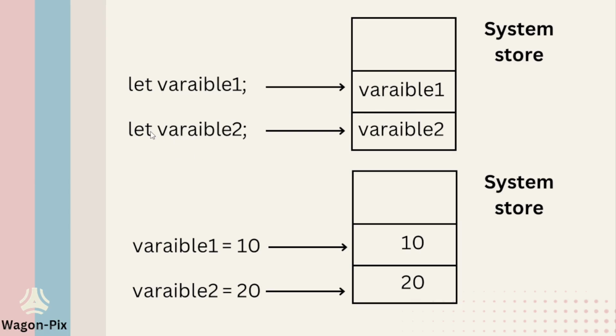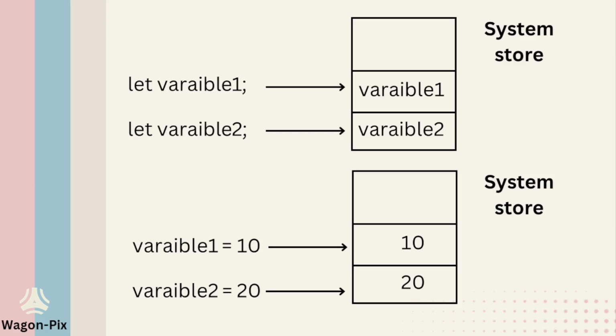Similarly, when I type let variable2, it means I want some storage in my storage system to store some values. Remember that we are not storing any values, we are just reserving a space. When I come down and assign some value to this variable, that means I am storing 10 in this variable. So this is how the storage system works.